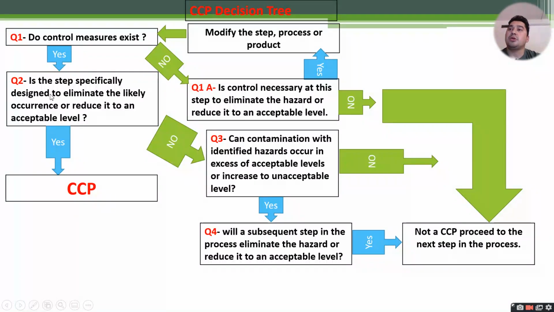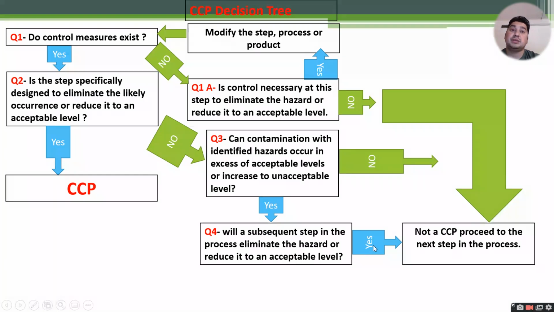Then you have question 2. If it is saying no, then you have to move to question 3. Can contamination with identified hazards occur in excess of acceptable levels or increase to unacceptable levels? If it is saying yes, then you have to move to the 4th question. Will a subsequent step in the process eliminate the hazard or reduce it to an acceptable level?